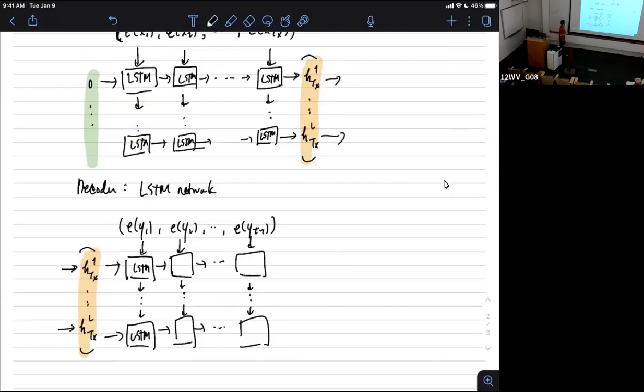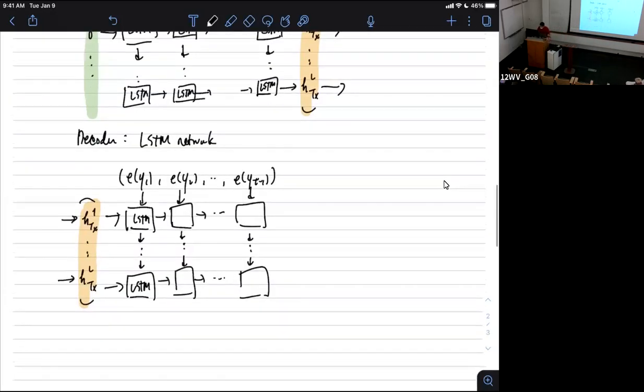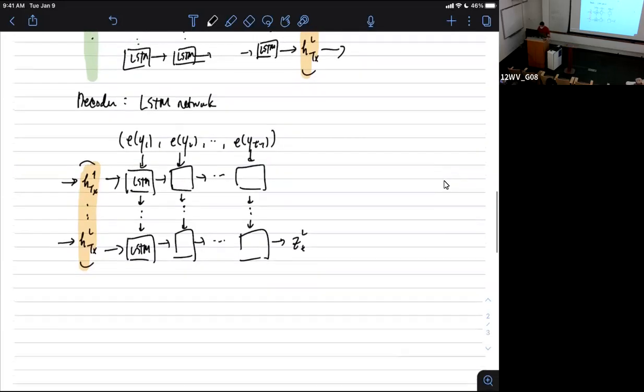And thereby, this concatenation of the two LSTMs, the encoder and decoder, is going to summarize the source sentence and then continue on to summarize the prefix of the translation. Once we have all these summaries, we take the very final one. Let's call this z_{L,t}.